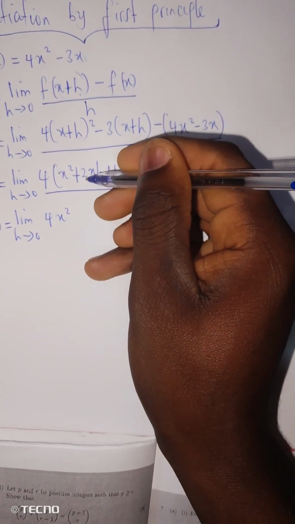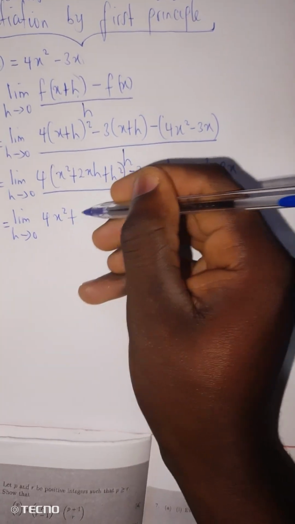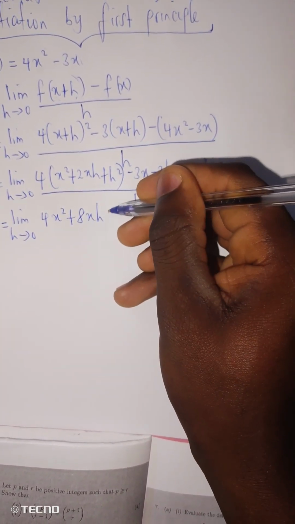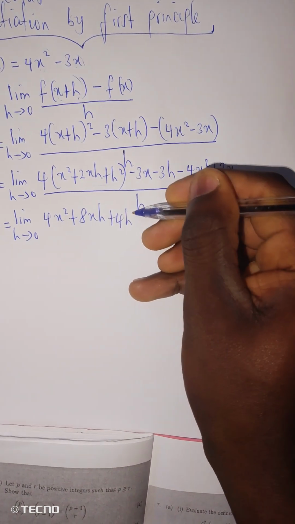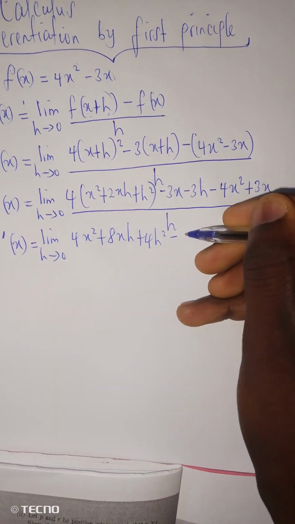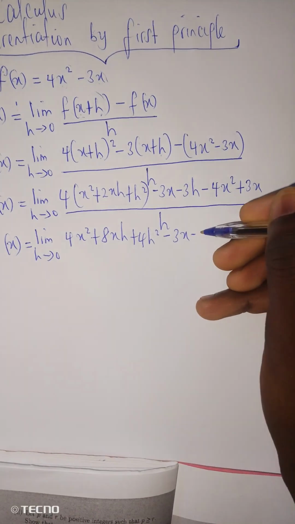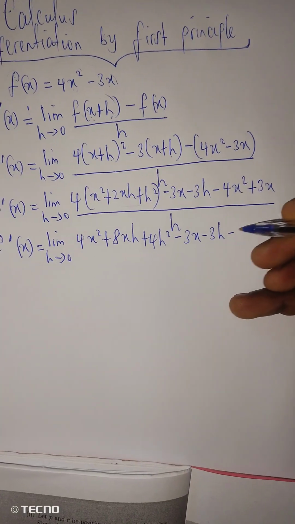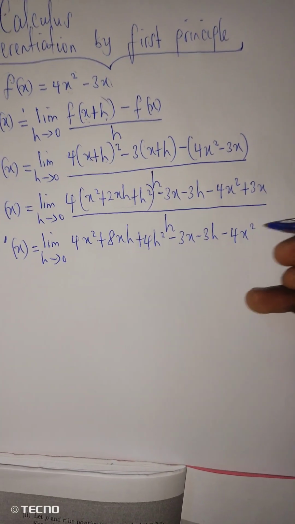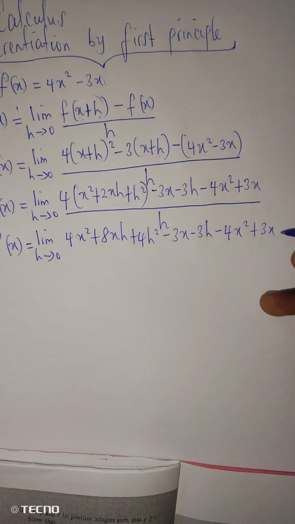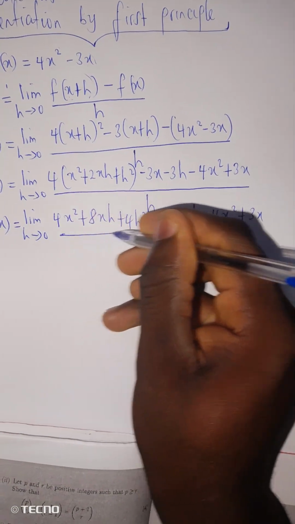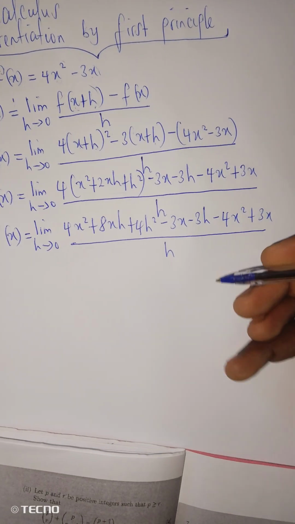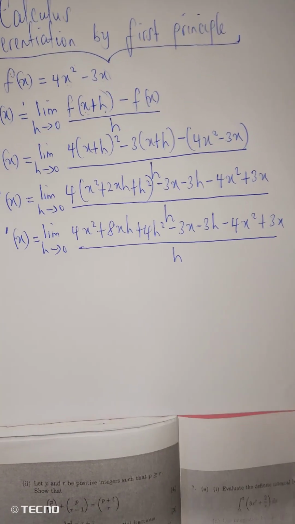Then 4 by 2xh, that is plus 8xh. 4 by h squared, that is plus 4h squared. Then we have minus 3x minus 3h, minus 4x squared plus 3x. Everything is over h. Okay, so that is what I have.